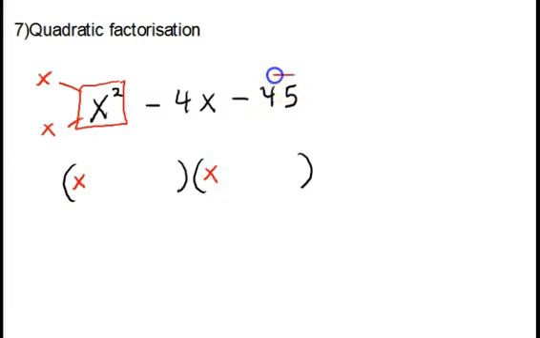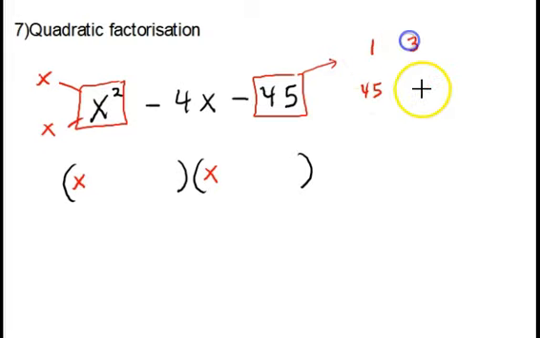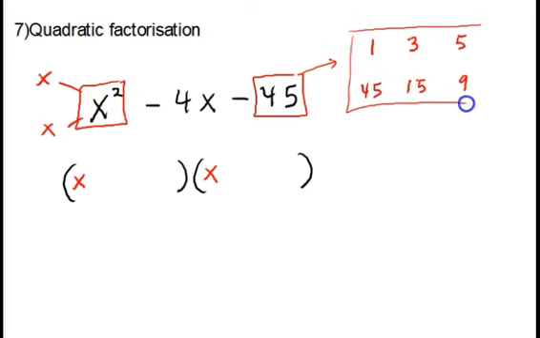Now if you look at 45, the factors here can be 1 and 45, the next one 3 and 15, and then 5 and 9. Now we have 3 pairs of factors that can be used.